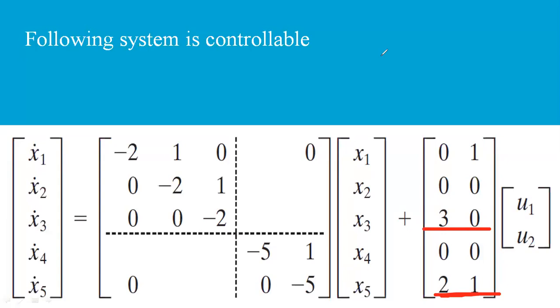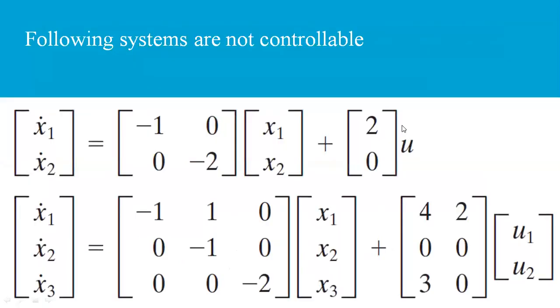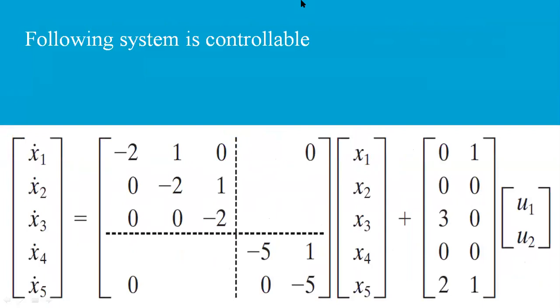What is one more point? This point. So the elements of each row of the matrix corresponding to distinct Jordan blocks. What does this mean? I will explain. See here.